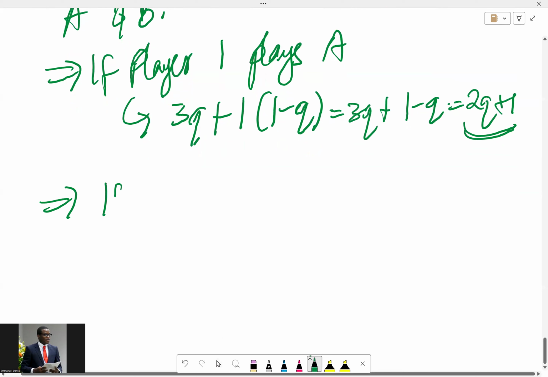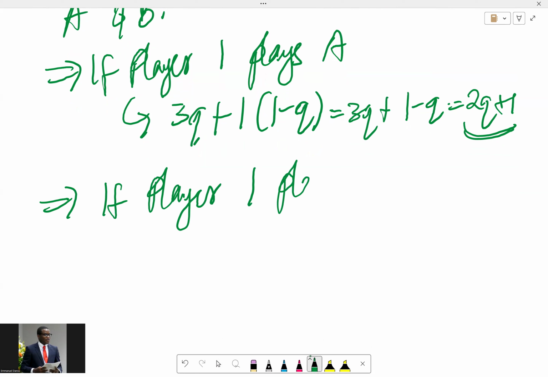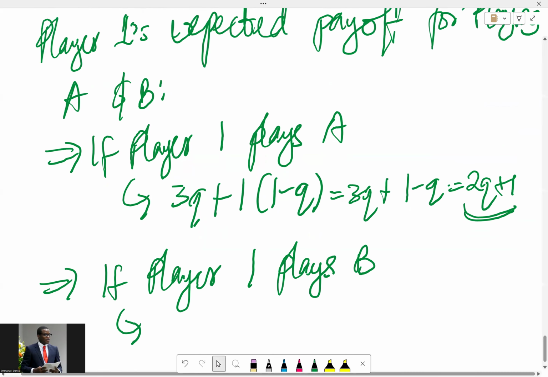Now, if player 1 plays strategy B, see what that gives us.